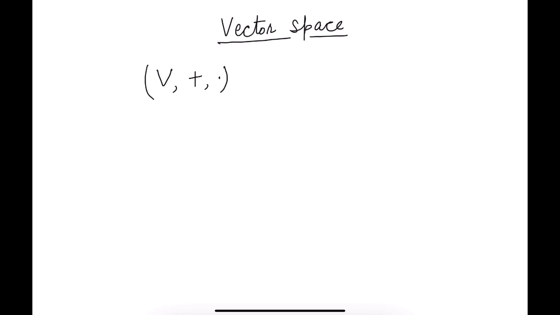So when we say there are two operations, addition and dot multiplication, we also know about these operations. As you know, when addition is applied on R, you can add any two real numbers, say 2 plus 3 gives you 5, 3 plus 5 gives you 8.